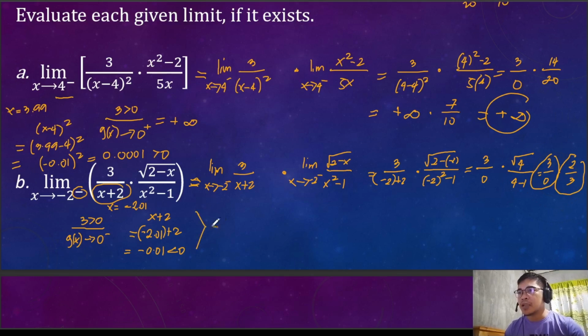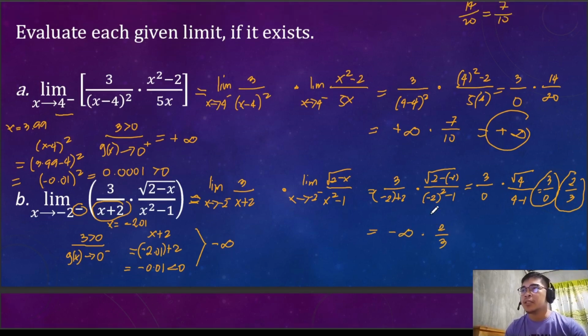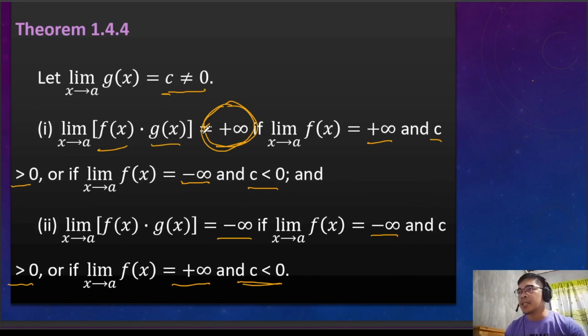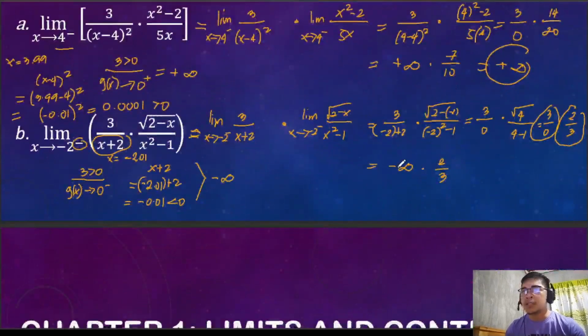So we have negative infinity times 2 over 3. Going back to the last theorem, our f of x is negative and c is greater than 0. So the limit is negative infinity.